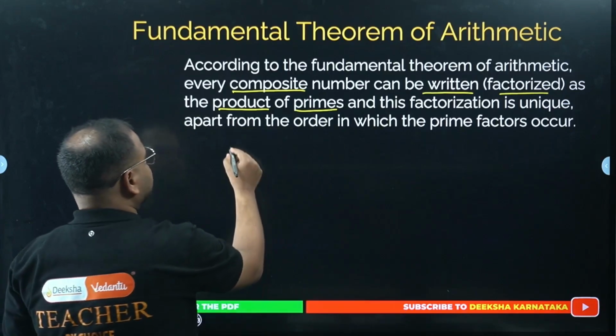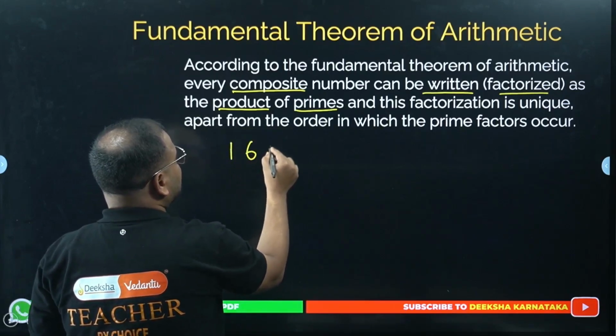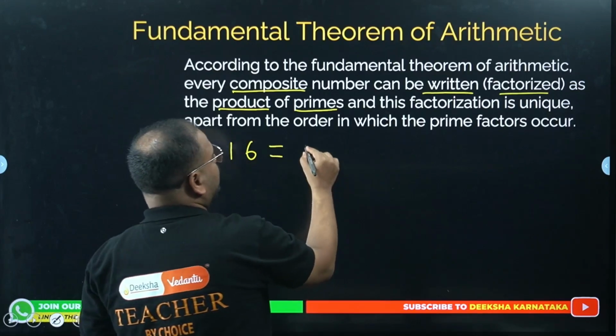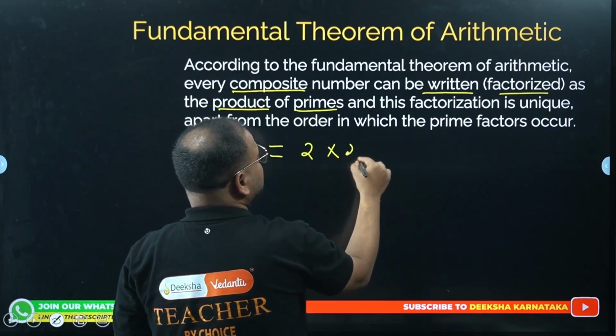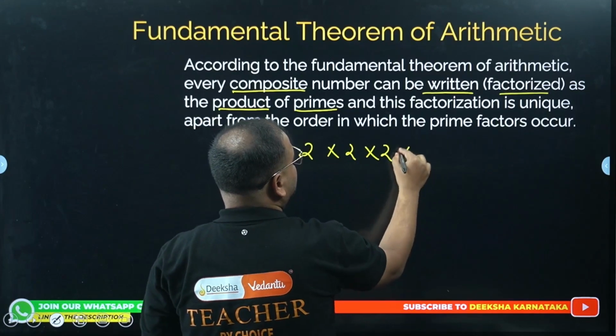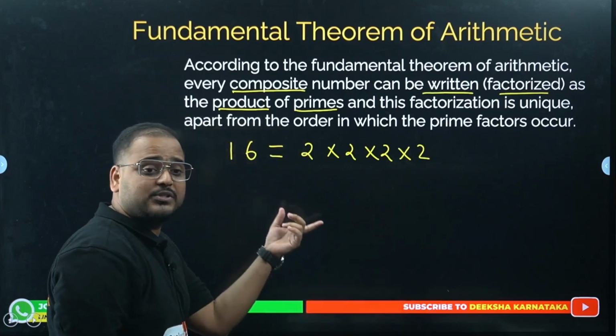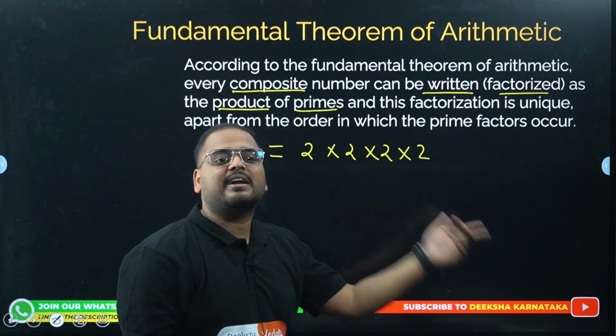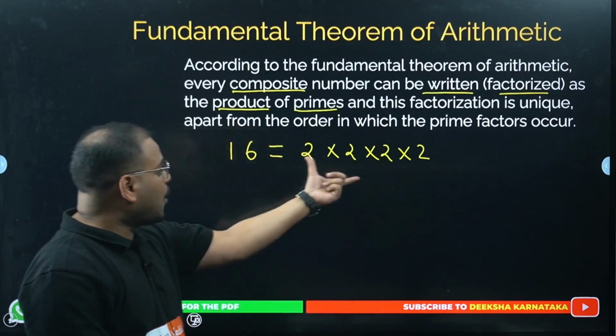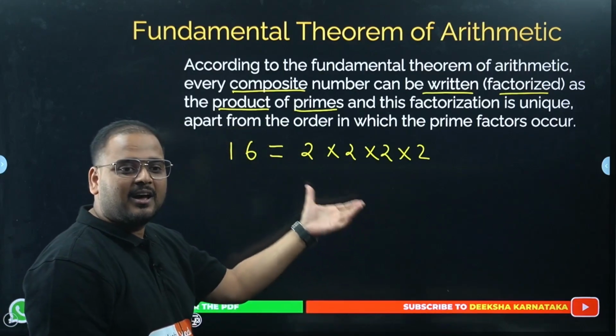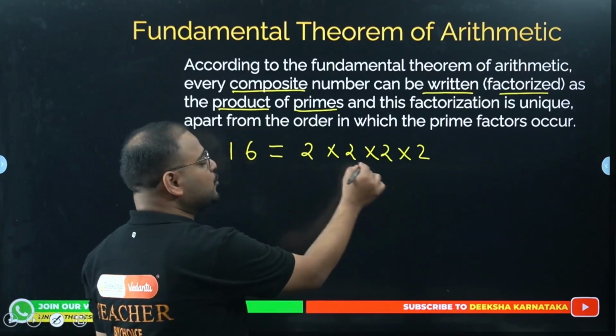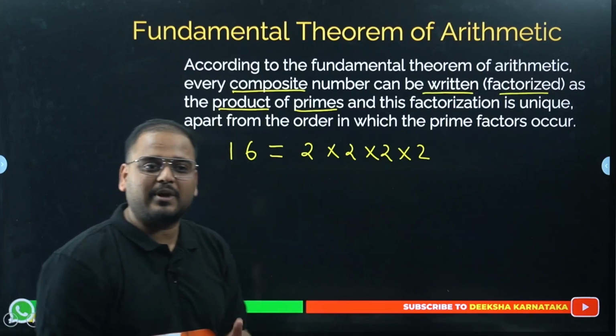Let's take 16. 16 can be written as 2 times 2 times 2 times 2. So 2 times 2 is 4, 4 times 2 is 8, 8 times 2 is 16. So all these numbers that you see here are what? Prime numbers, right? They are 2, no? So 2 is a prime number, smallest prime number actually.